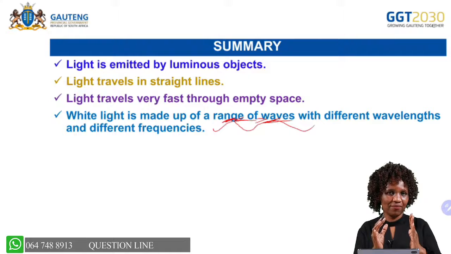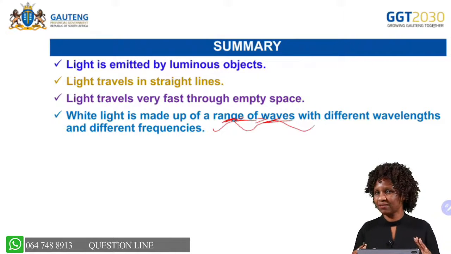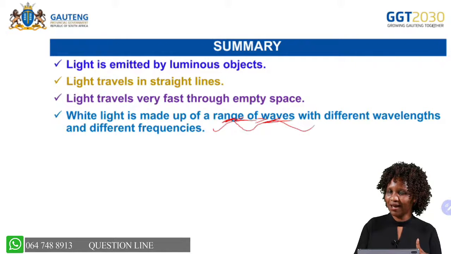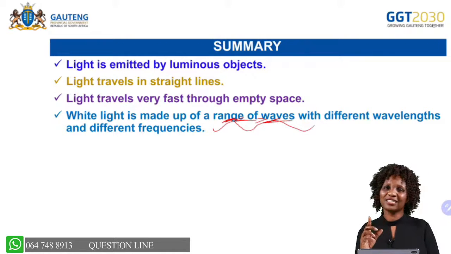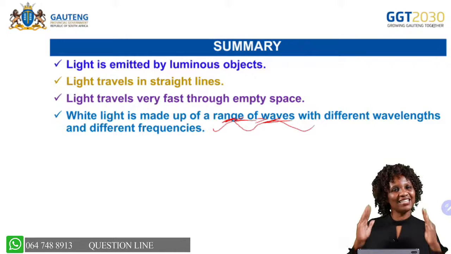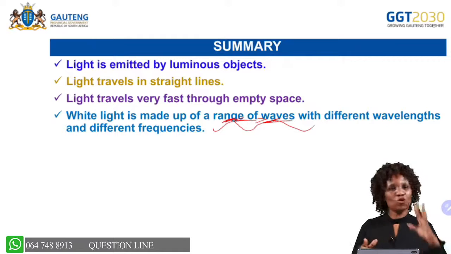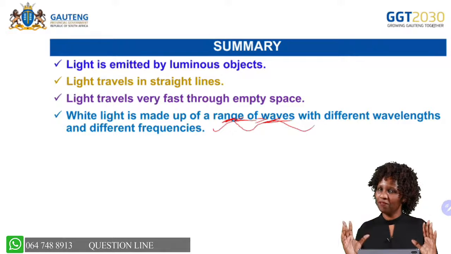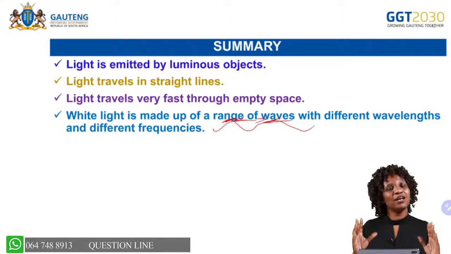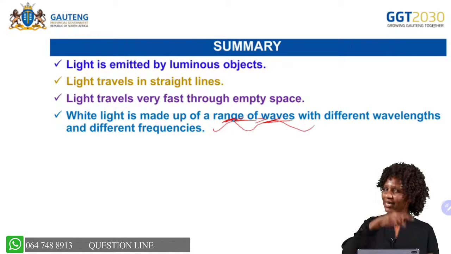Okay. And then what does it mean when it comes to frequency? Remember, we defined frequency as the number of waves that pass at a certain point at a given time. And then if you compare red and violet, you will see that violet has got the highest frequency than red.